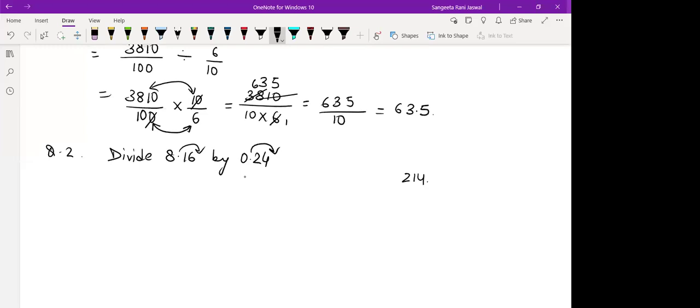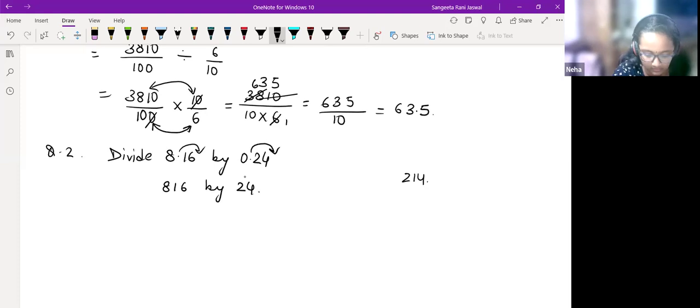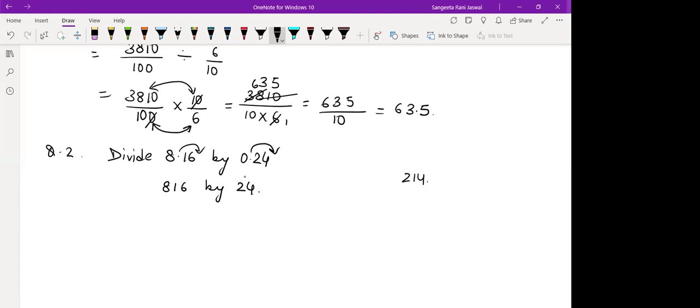Same thing. So now you have 816 divided by 24. Okay, got it? Yes.